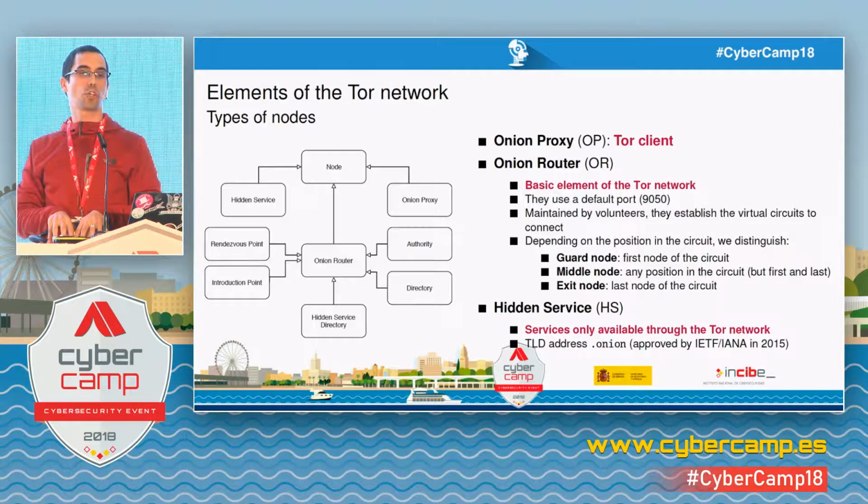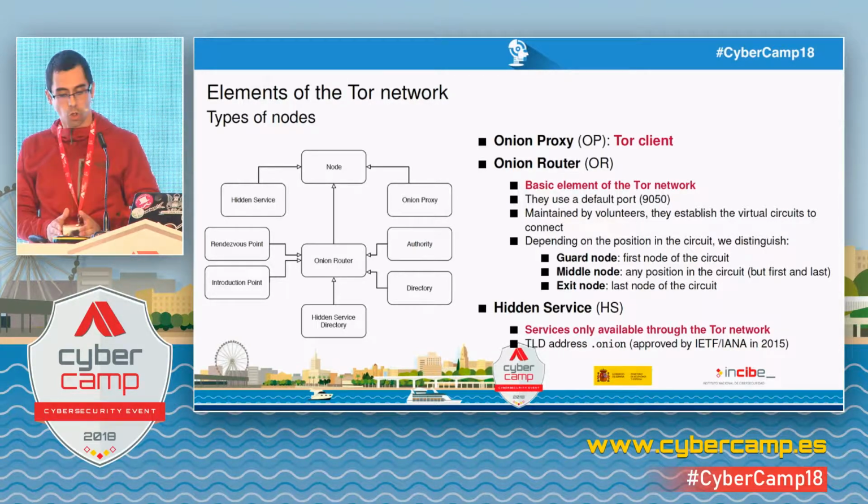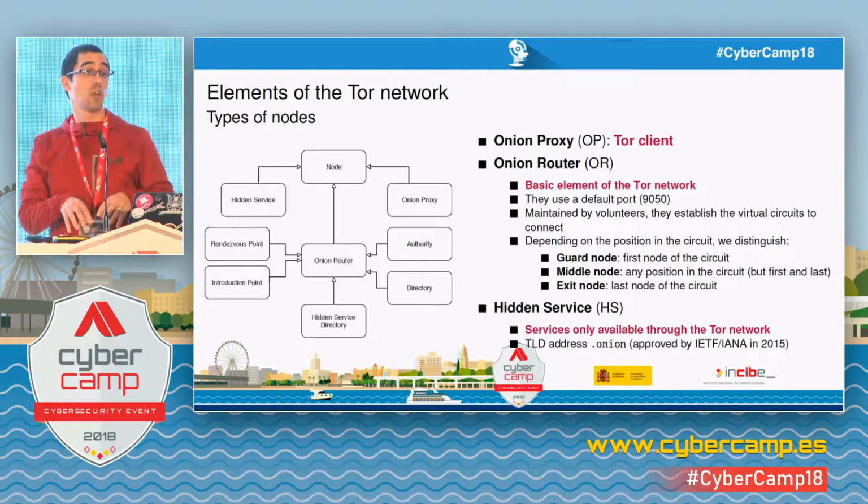Then we have the main element of Tor network, the onion router. By default, port 9050, and these nodes are maintained by volunteers. Depending on where you are in that virtual circuit, there are three types of nodes. First of all, the guard node, which is the entry node to Tor network.